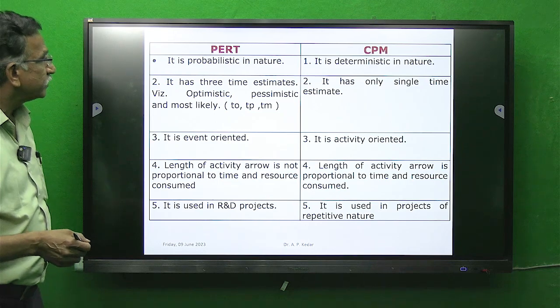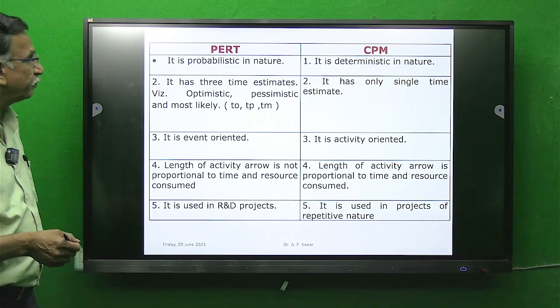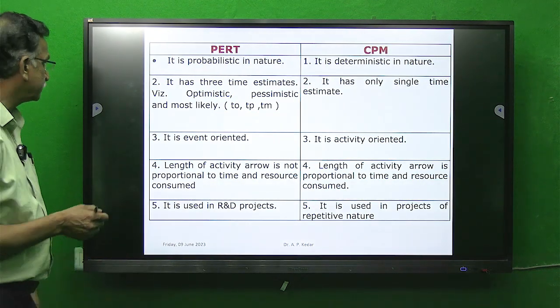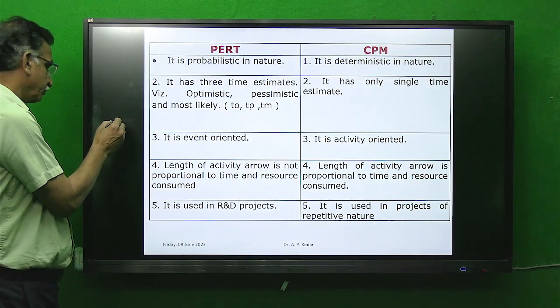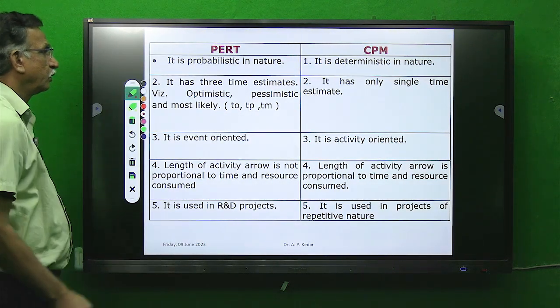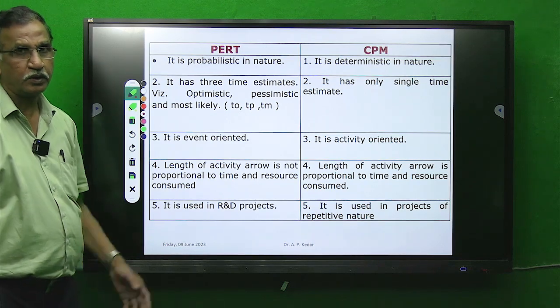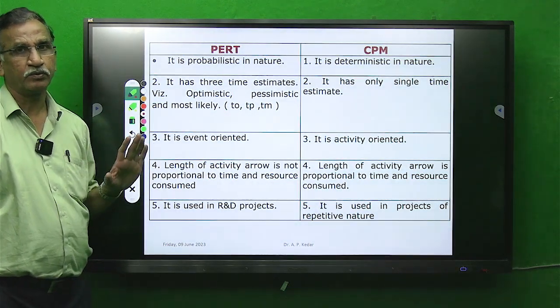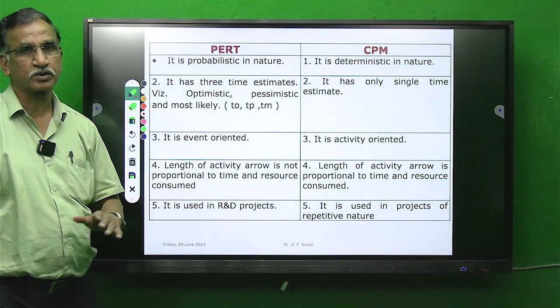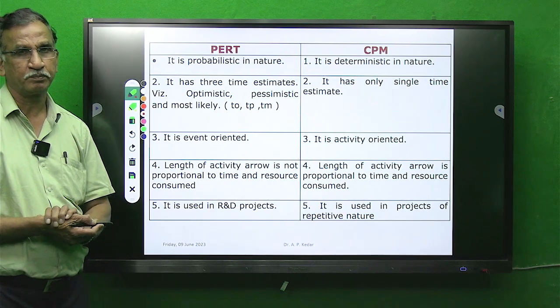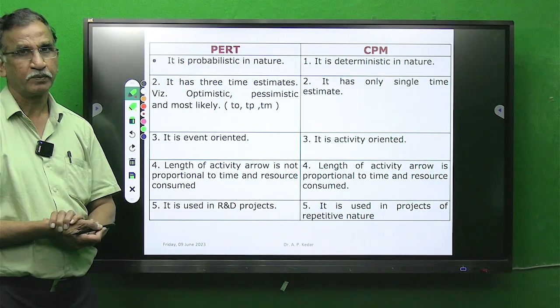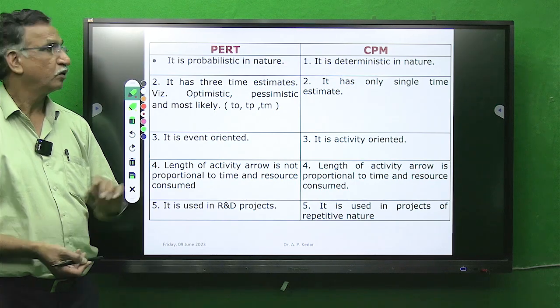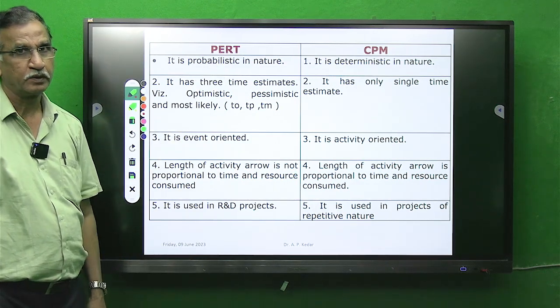Now, right from the beginning we are saying PERT, CPM. So what is the precise difference? Let's discuss that. In the very beginning, I have explained that when we are not certain regarding how much time the activity or task or entire project will take, when we are not sure, we will go for PERT.